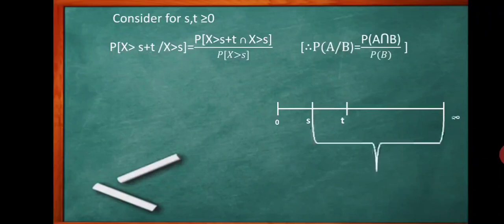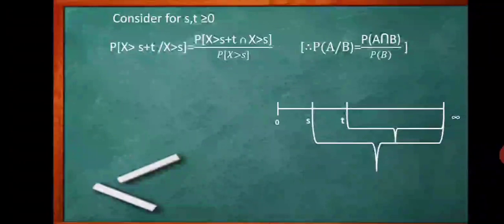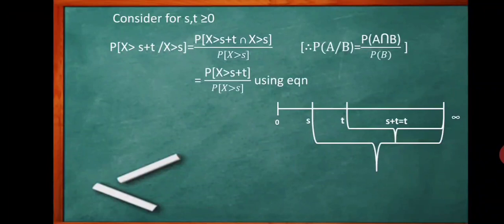Now, this area is called the greater than s area and this area is called the greater than t area, which is also called s plus t because this place contains both s and t. Now, what is the intersection value? Probability of x greater than s plus t alone we get, divided by probability of x is greater than s.